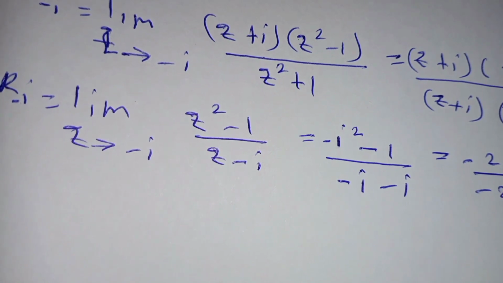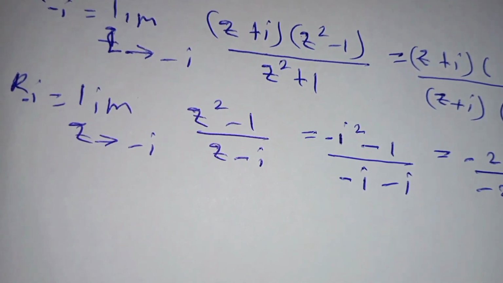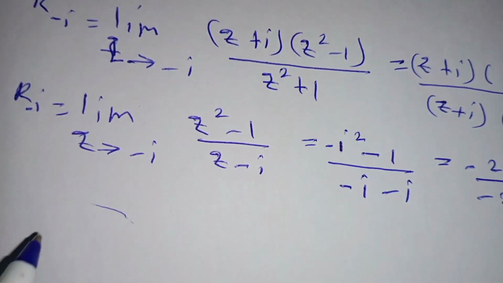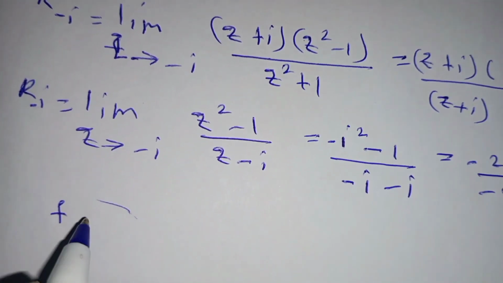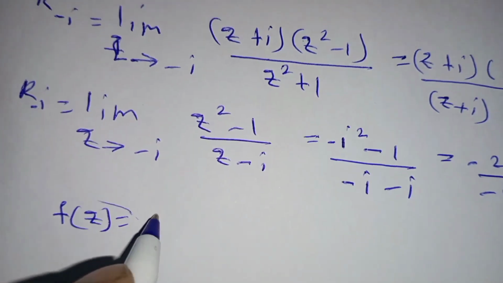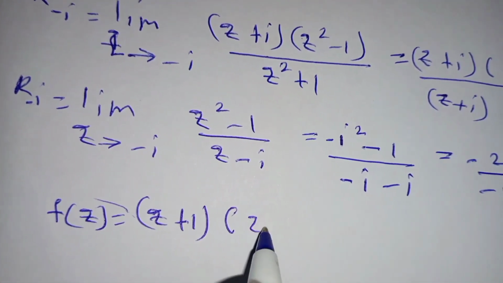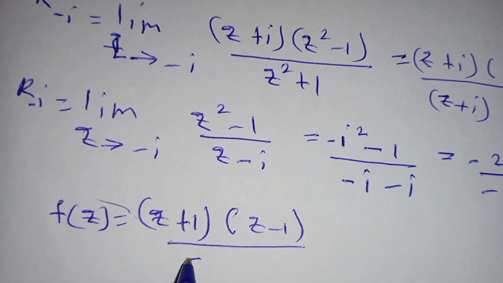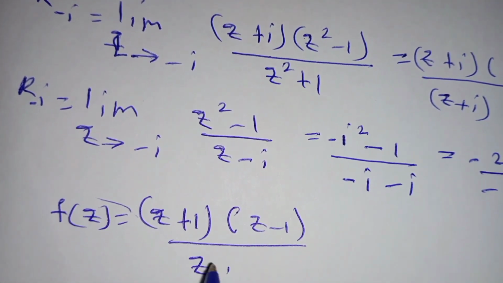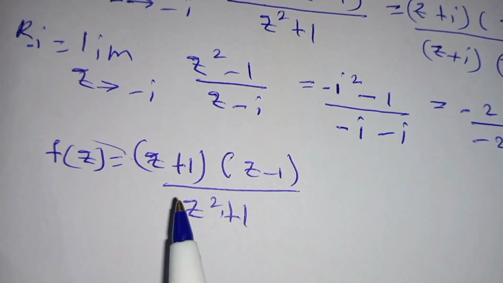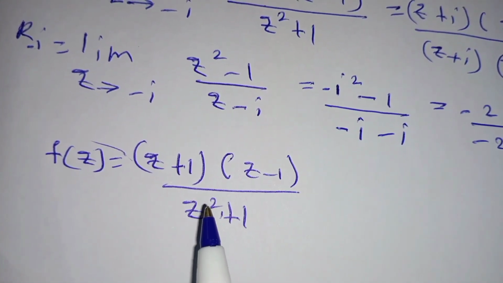So today we have considered a single residue, and we were given f of z equal to (z plus 1)(z minus 1) divided by (z squared plus 1), and you are going to identify all the residues at all the poles.